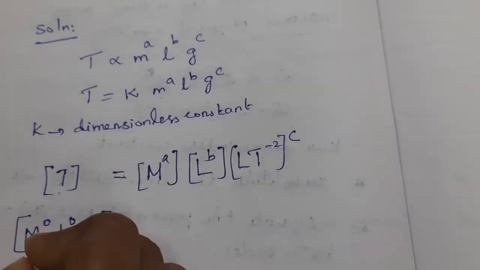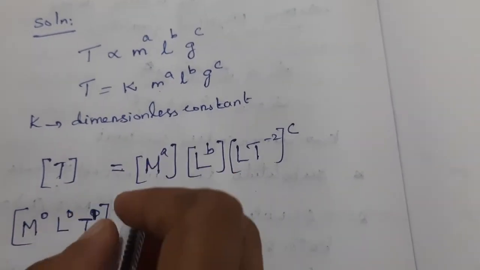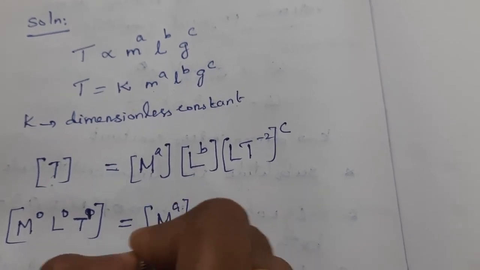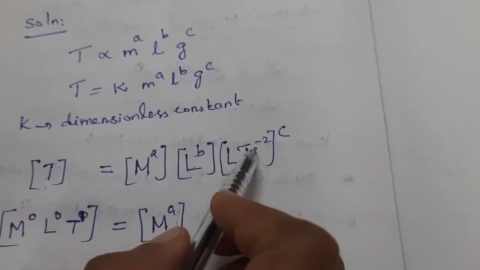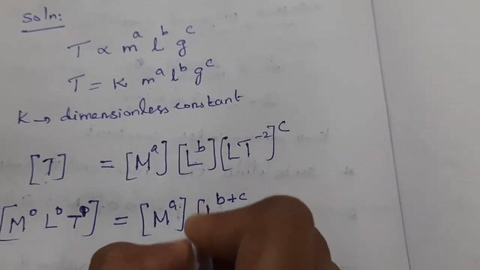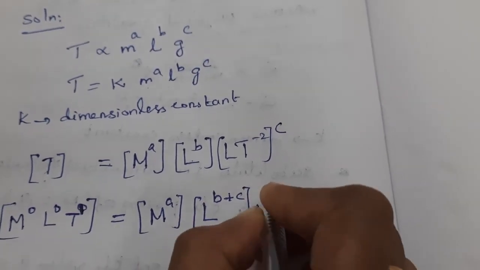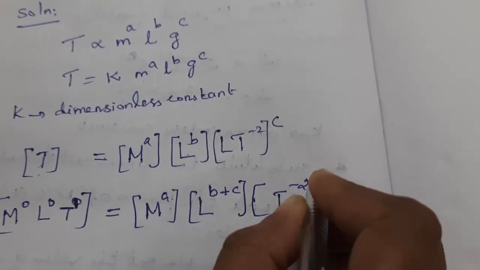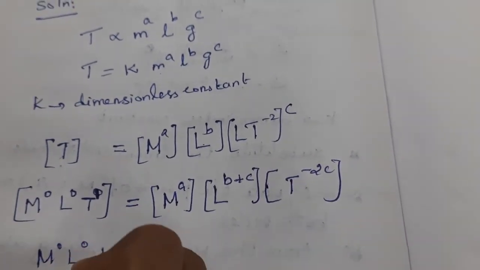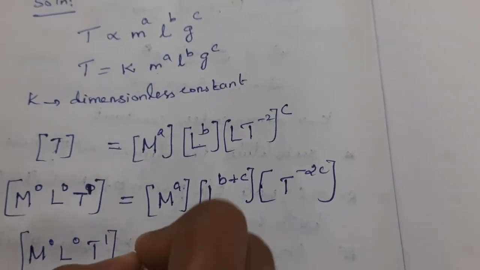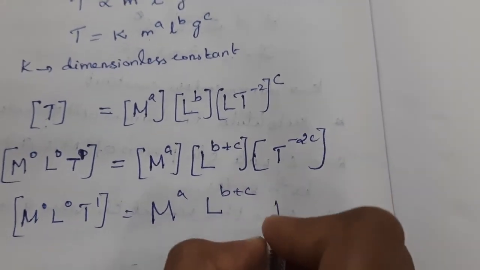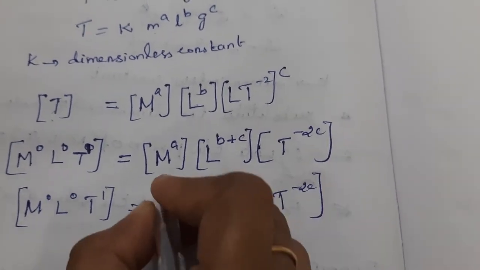So M power 0, L power 0, T power 1 equal to M power a, L power b as well as L power c is there. So we can write L power b plus c and T power minus 2c. That is M power 0, L power 0, T power 1 equal to M power a, L power b plus c and T power minus 2c.